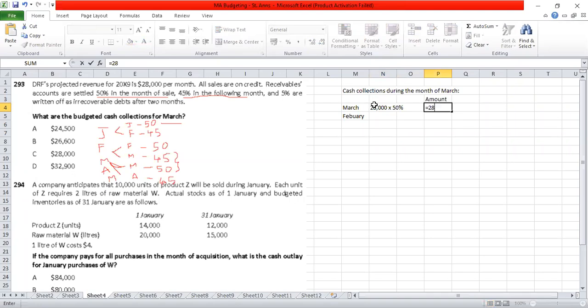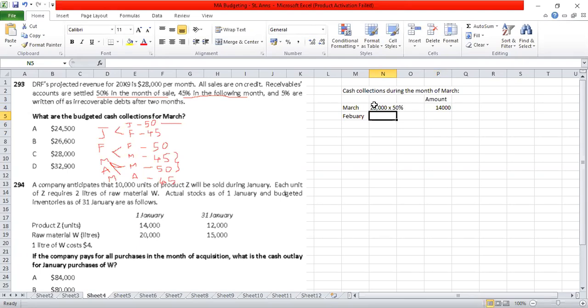Collection and receiving is the same, no? But why are we taking February month's collection? 50% of February will be collected in February, received from the customer. It means the same. So 50% anyway would be received in February, but the balance of it will be received during March. So we want to know how much is the total amount collected during March.